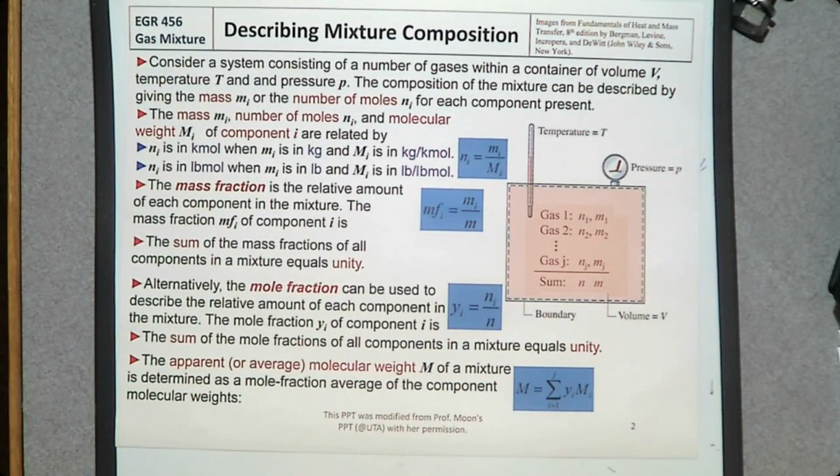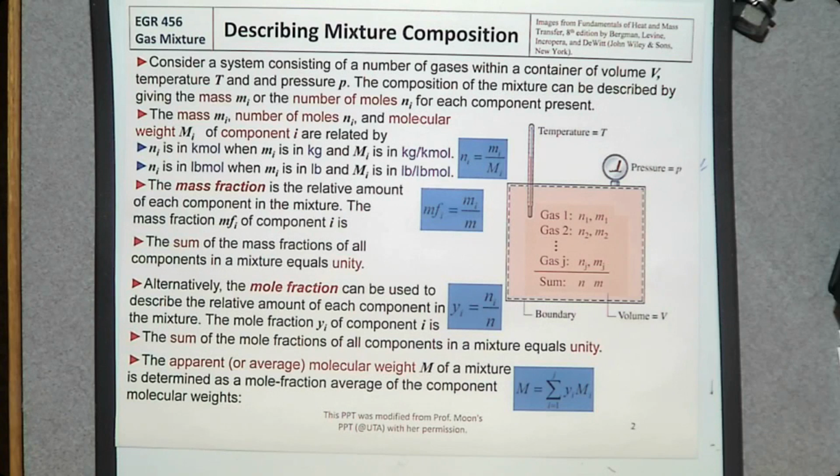So some of our analysis in Thermodynamics 2 is on molar basis, which is different from mass basis. Everything that we studied in Thermo 1 is on a mass basis. So when we talk about specific internal energy, it is kilojoule per kilogram, right? But on a molar basis, it's going to be kilojoule per kilomole.